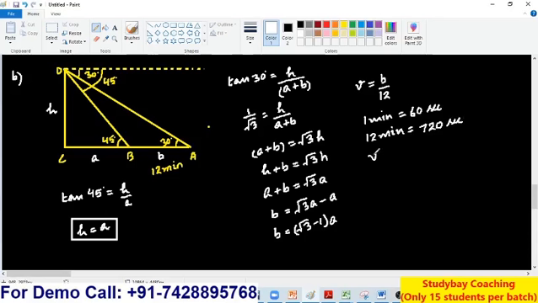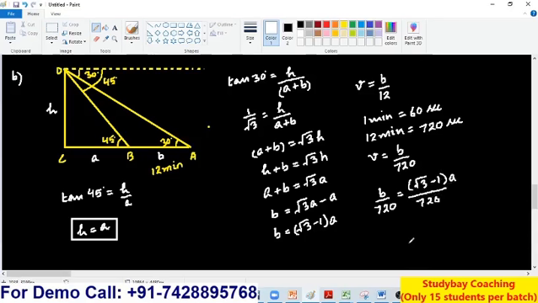Now v will be equal to b upon 720 seconds. If I divide this equation both sides by 720 seconds, this will be equal to 1 upon 720 into a.